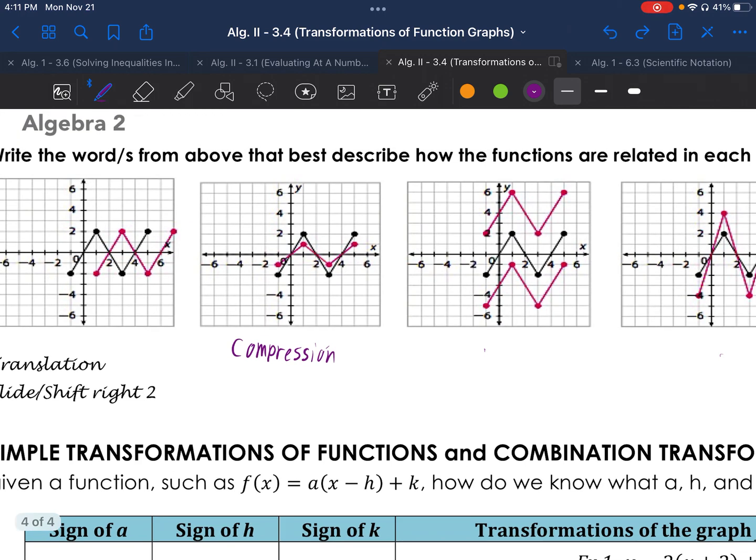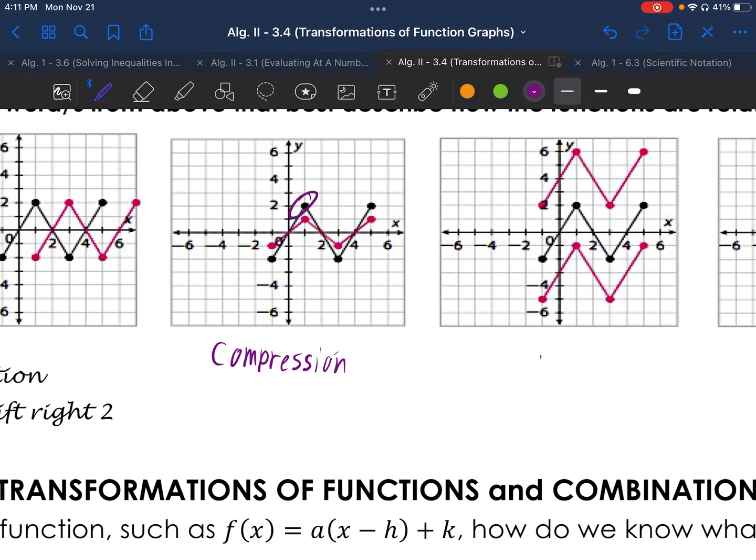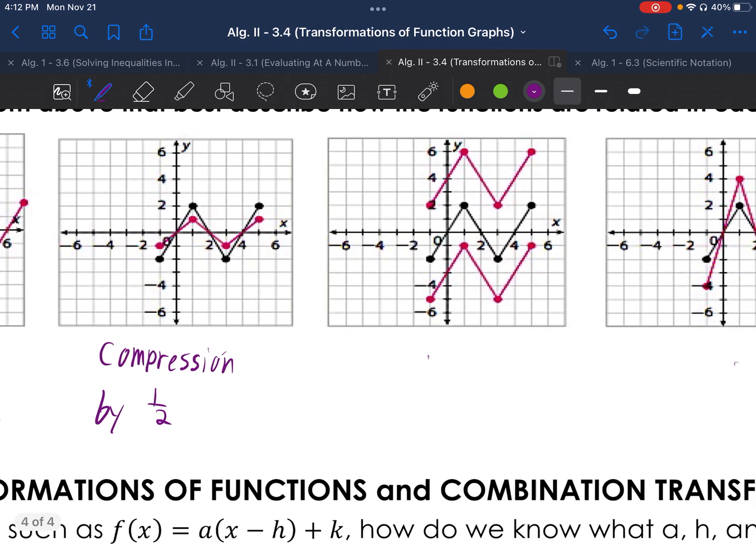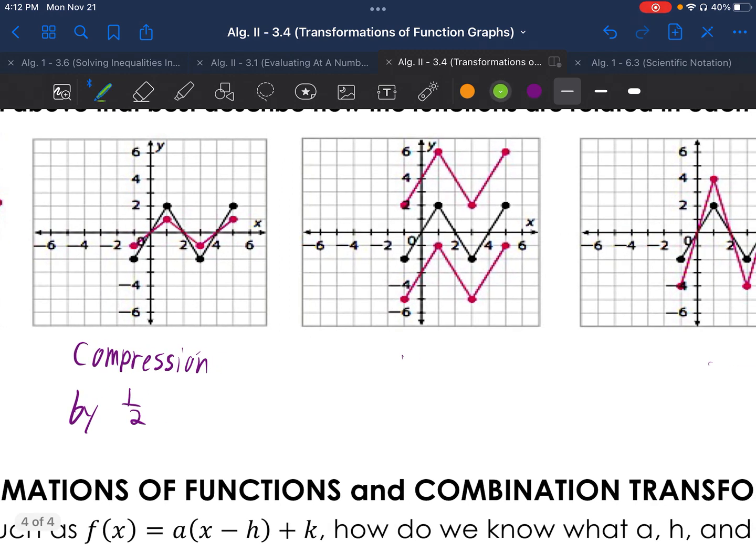So we say, okay, what can multiply with 2 to get 1, or -2 to get -1? And we'd say, oh, it was compression by 1/2, or by a factor of 1/2. You also could have said shrink as well. And it would have to be, by the way, a number somewhere between -1 and 1, which this is because it got smaller, shrunk.